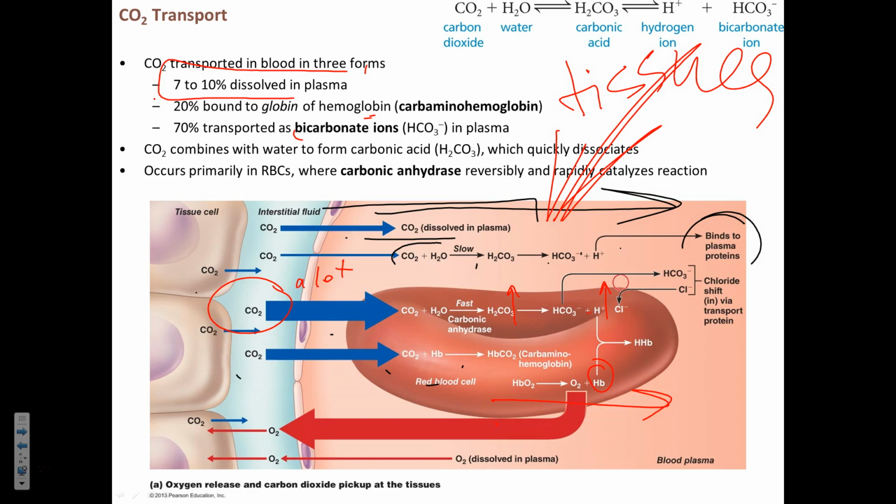Does that make sense? It turns out I just showed you how elevated levels of carbon dioxide increase chemical unloading of oxygen in the tissues. Does that make sense? Good? It's pretty neat, I think.